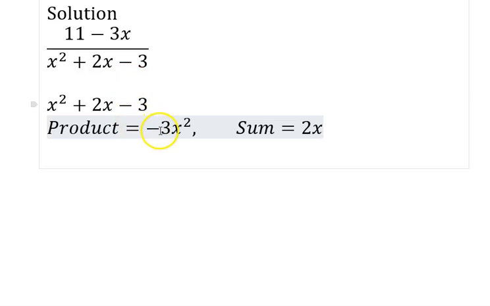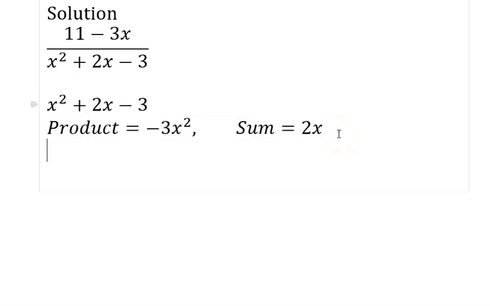It means you look for two numbers which, when you multiply them, will give you minus 3x squared, and the same numbers, when you add them, will give you 2x. That's the meaning of product and sum.